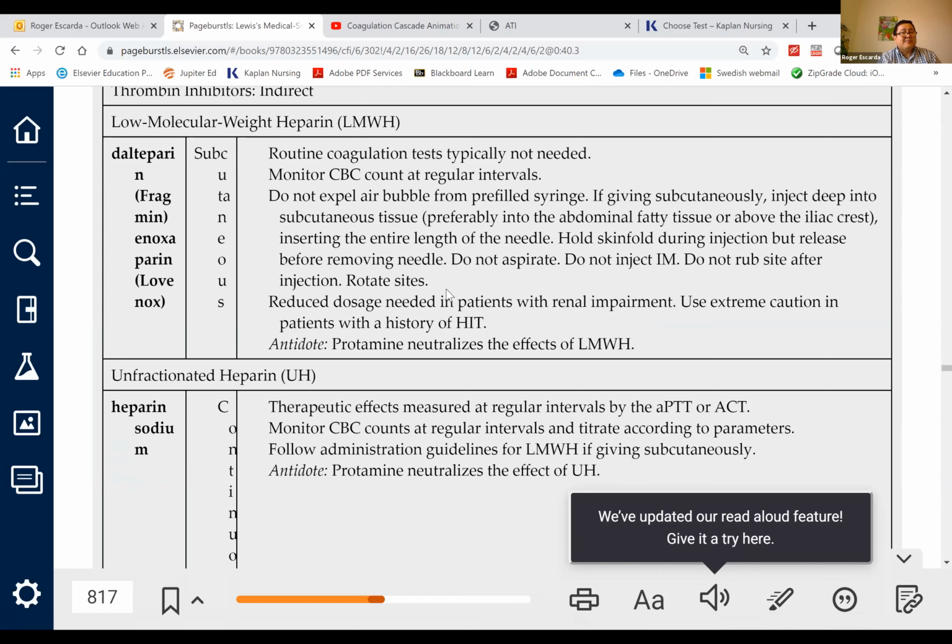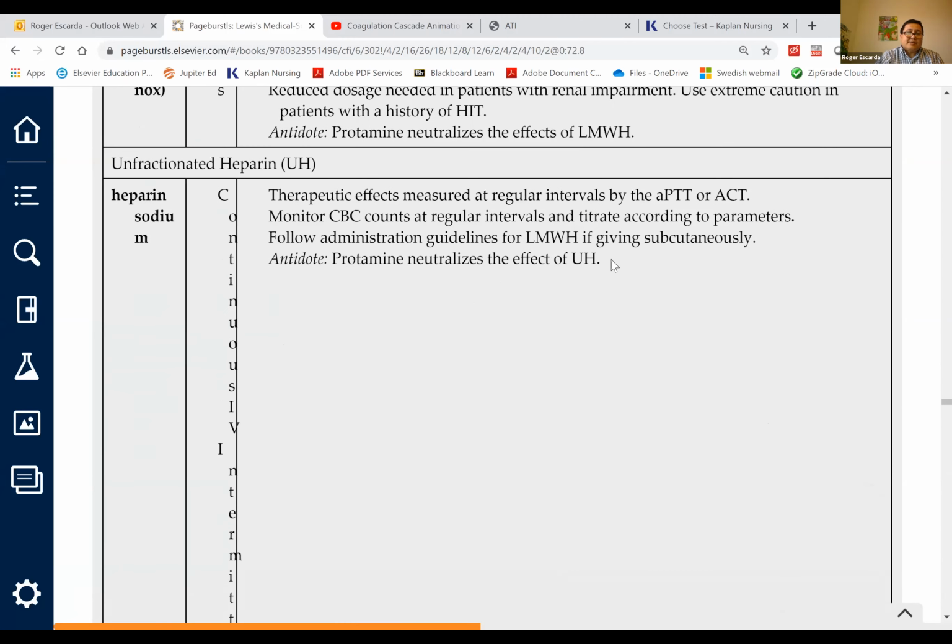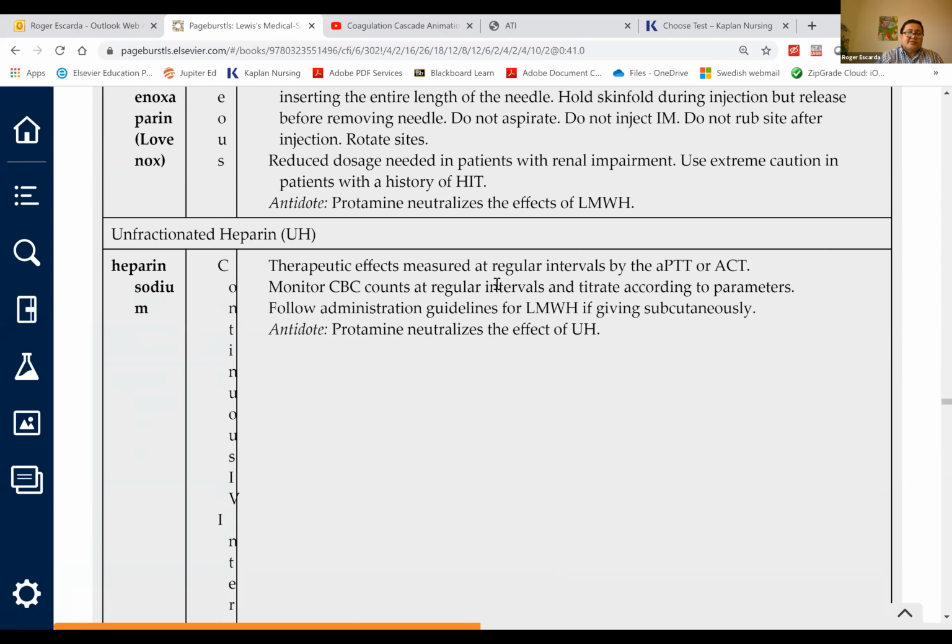So it's really moot or useless to monitor PTT, because the doctor won't change the dose anyway. Is that clear? So this is heparin-induced thrombocytopenia, a complication, HIT. Same thing here again. This is another heparin. This also causes HIT, and here is your antidote.